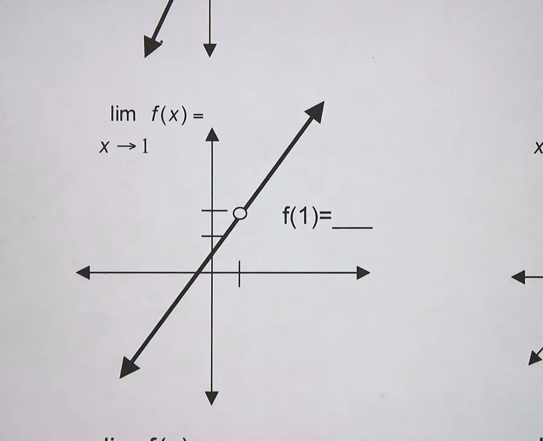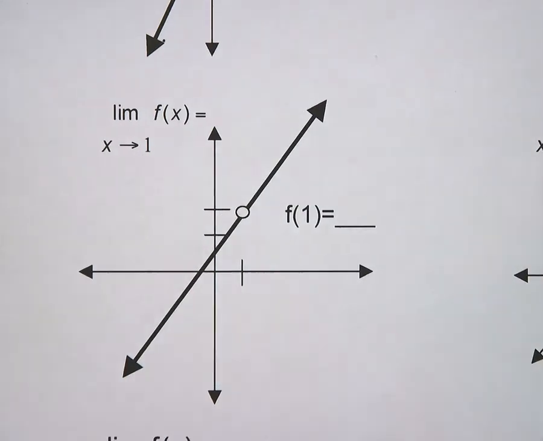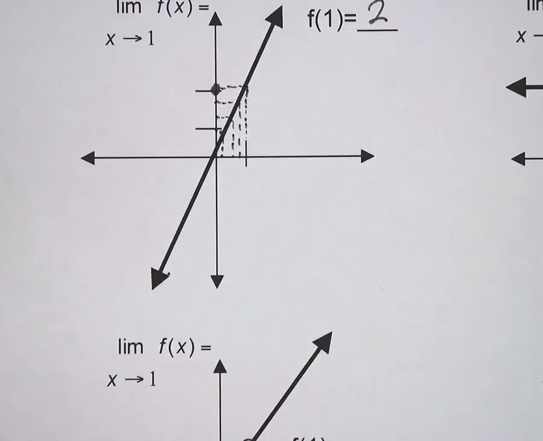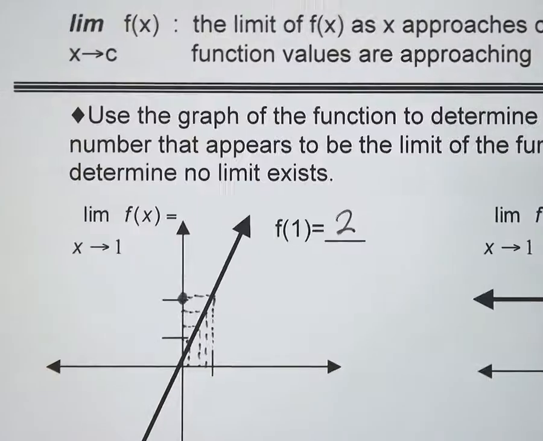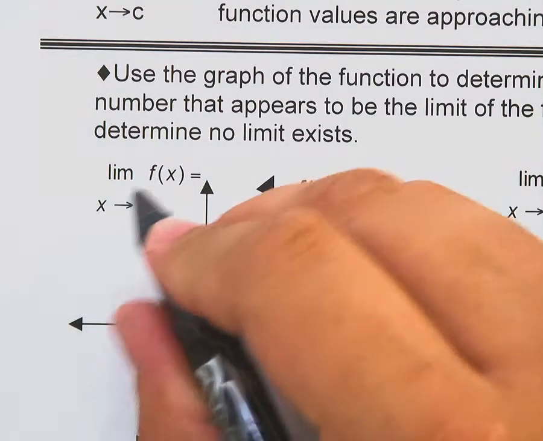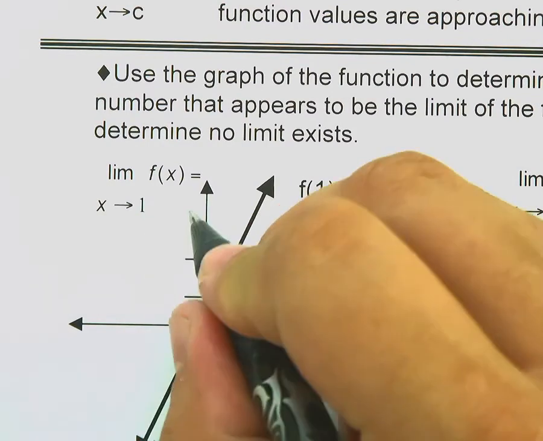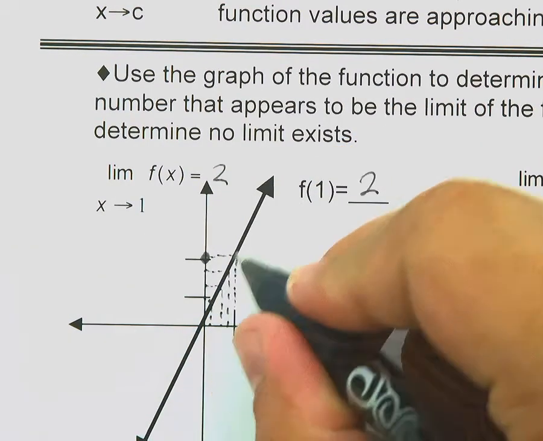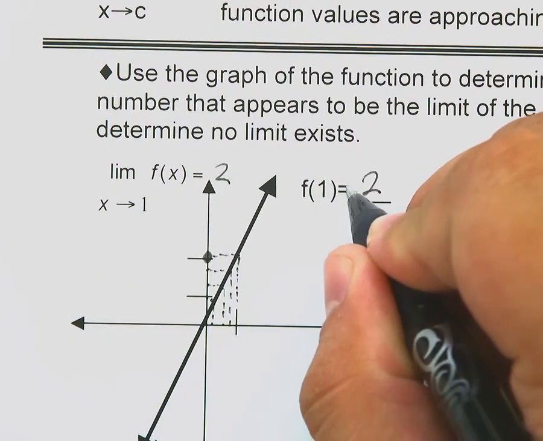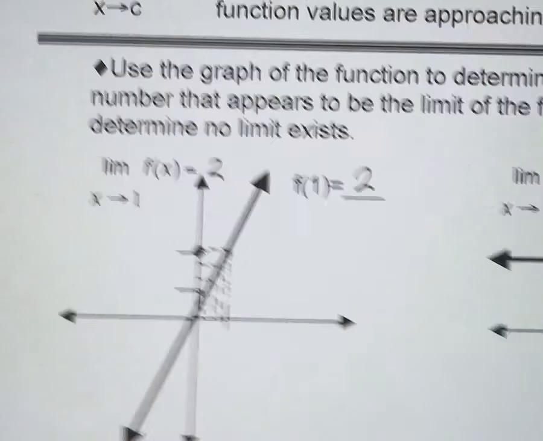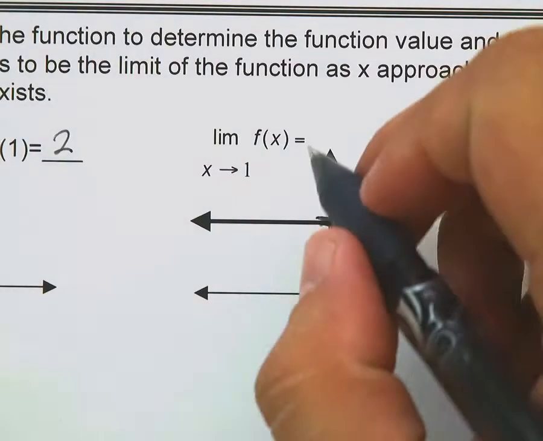Now we have a hole here. The limit as x approaches 1 is something very different than, oh, I'm sorry, I have been completely skipping this. The limit as x approaches 1, back at the top, is 2. The function value here, I'm sorry, this is the function value, is 2. Over here, the limit is 3.